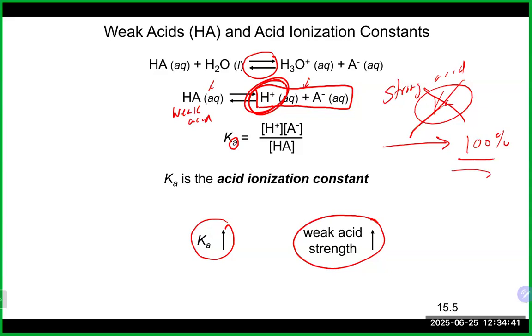So that is a very big clue as you're working through problems. If you see a Ka value, it's a weak acid. That's another piece of information, along with those 6 strong acids, to help point you in the right direction as you go through these problems. See a Ka value, definitely a weak acid involved.